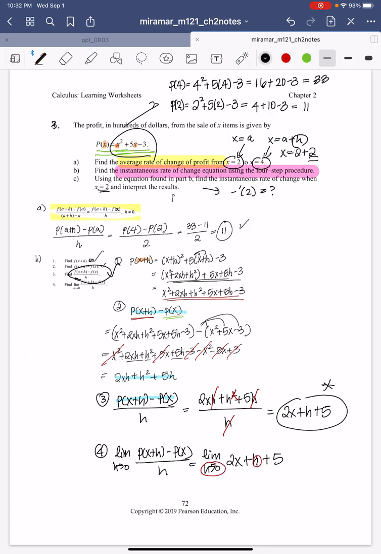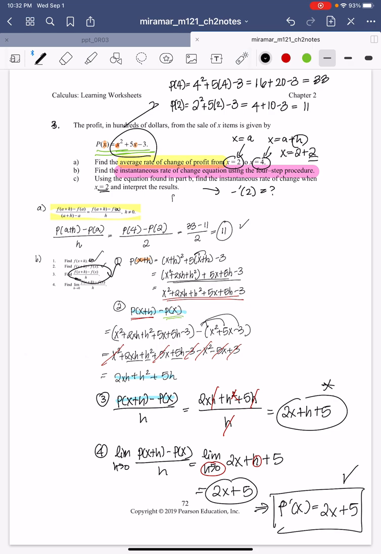So I'm going to end up having 2x plus 5 as the answer. So therefore, f prime, I keep mentioning f, but it should be p. p prime of x is equal to 2x plus 5.